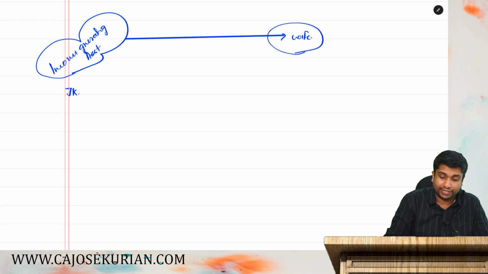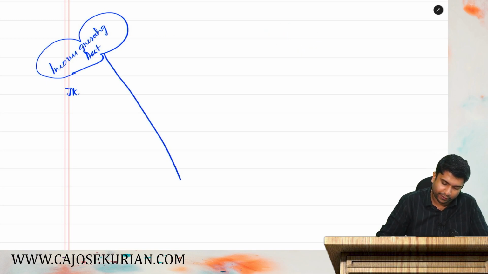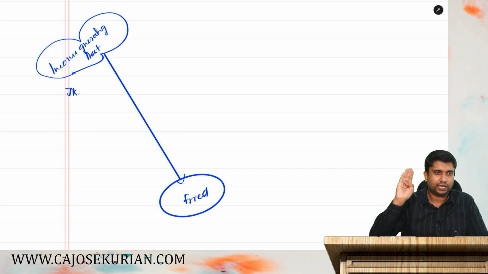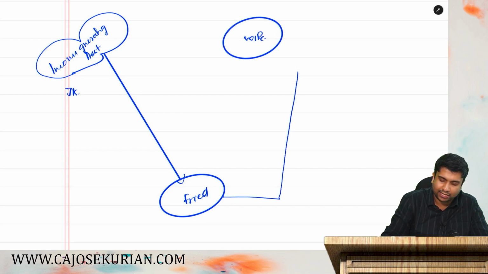Yes or no? Instead of that, I have told my friend, one of my close friends, that I'll transfer this asset in your name forever, but you have to do one favor for me. What is that? You have to make use of the income from the asset for my wife's benefit.